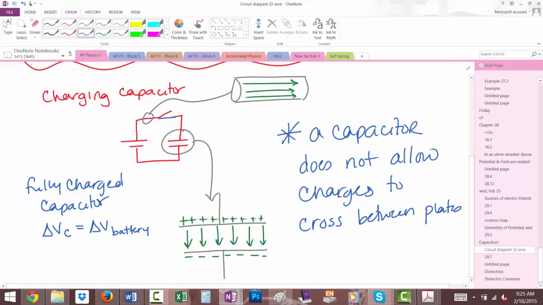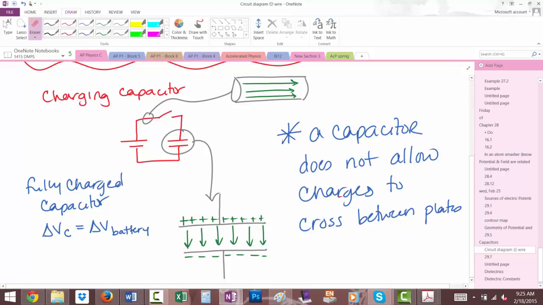At that point, if I open the switch again, does anything happen? No. I've still got a potential difference there, right? I've still got stored charge there. And that's the purpose of a capacitor in this kind of situation. Now I can use that charge later, and we're going to talk about discharging those capacitors, why we care, but we do that next chapter, okay?